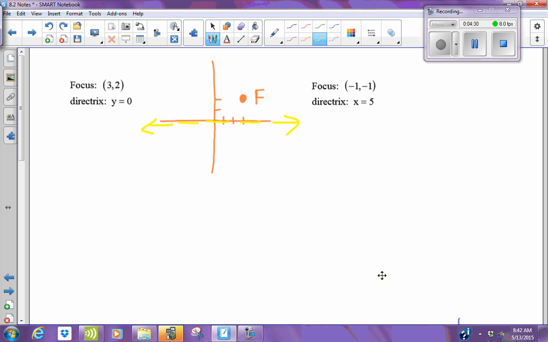So where's your vertex at? In between. So right here. And then it must open up. All right. What is your... Let's see. So this is going to be y equals.